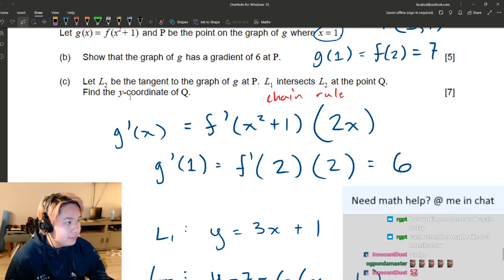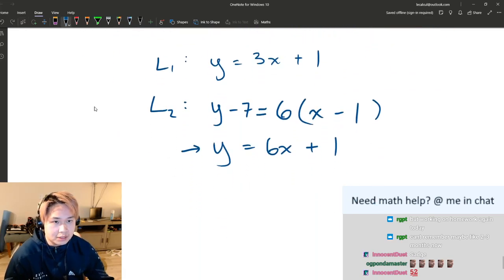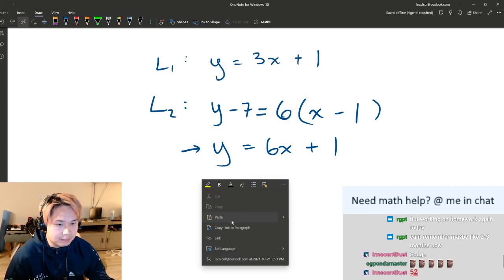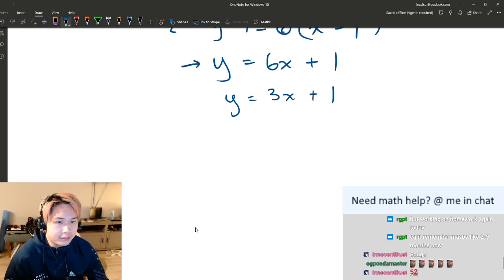Okay, and then I need to find the y coordinate of Q. There's lots of ways that we can do this, because essentially we have a system. But since I want to find out what y is, I'm going to just eliminate x.